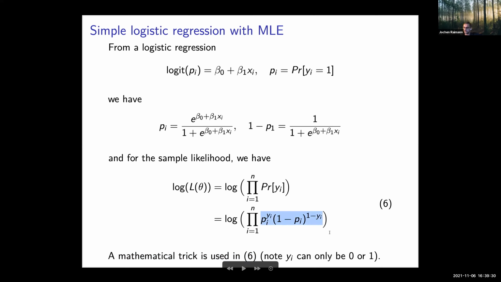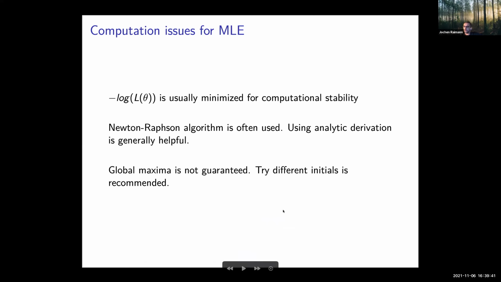And by that, you essentially get to a maximum likelihood estimation of the logistic regression. So the log is minimized for computational stability, and analytic derivations such as the Newton-Raphson algorithm are often used. Global maxima are not guaranteed, and different initial estimates are recommended.